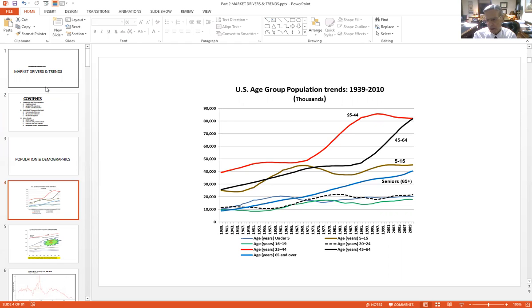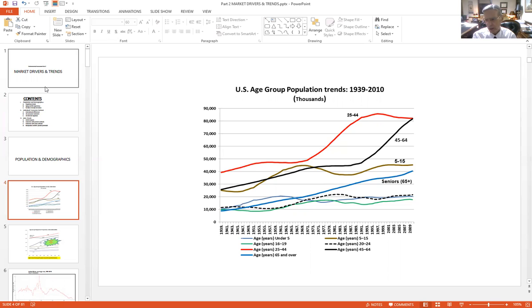And you can see that the fastest growing age group and the largest age group up until about the turn of the century was in the peak earning year groups, 25 to 44 years old.